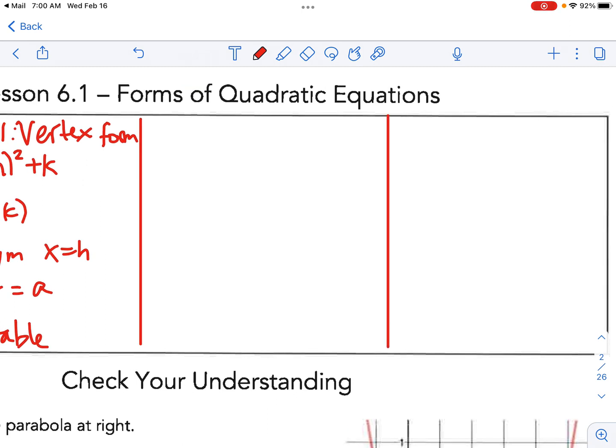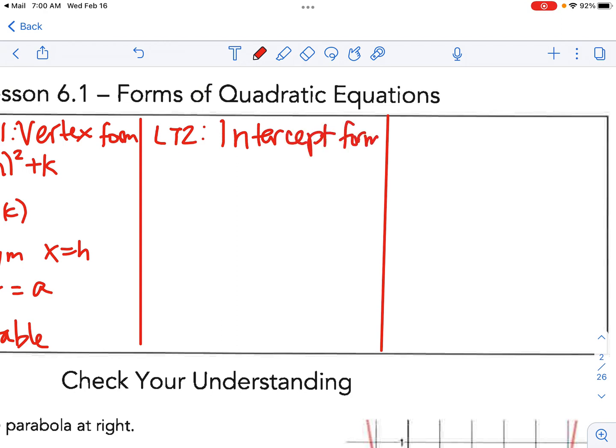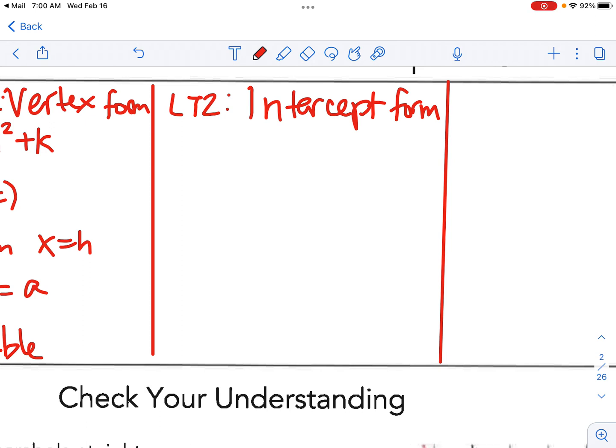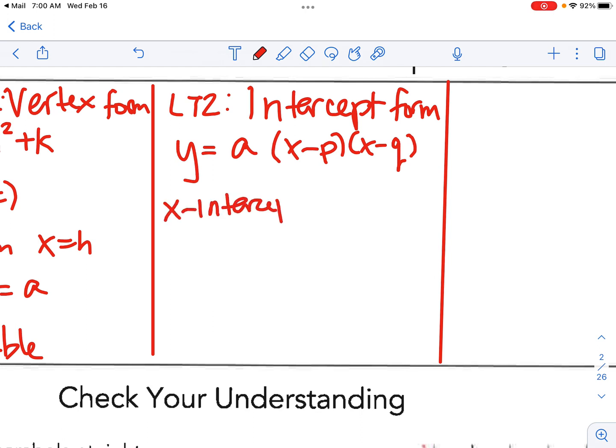And then we really hit hard the factored form, or I guess we can call it the intercept form. I kept calling it the factored form, but it's really graphing intercepts, which is y equals a(x minus p)(x minus q). We still have that a, we just don't use the movement table anymore. We have x-intercepts p and q, and our vertex is right in the middle.